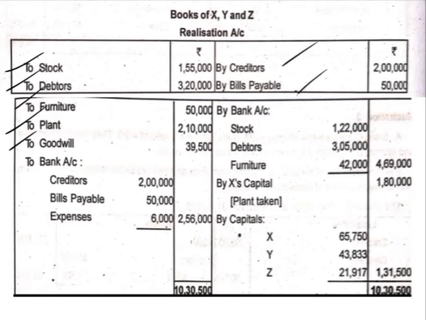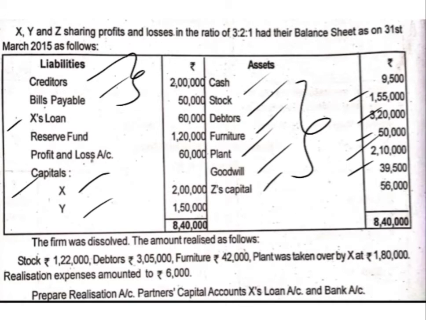The fourth entry will be for realizing the assets. It is given that the amount realized is as follows: stock 1,22,000, debtors 3,05,000, furniture 42,000. These are the three assets which they have realized. The asset is going out of the business and you are realizing the money, so the cash comes into the business.